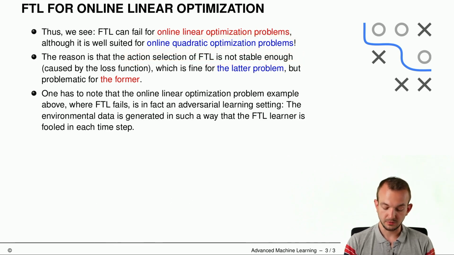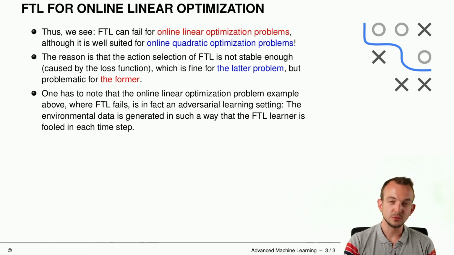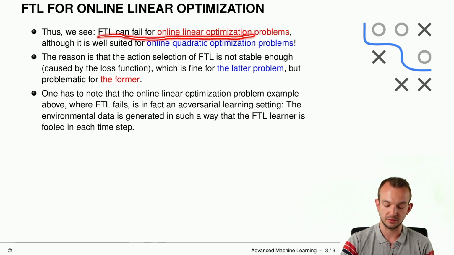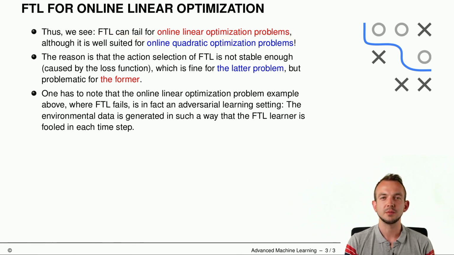And well, we have to remark again that this example we had here is of course specifically designed to show that the follow the leader algorithm can fail for online linear optimization problems, where you have a high variety, so where the environmental data points are changing quite drastically.